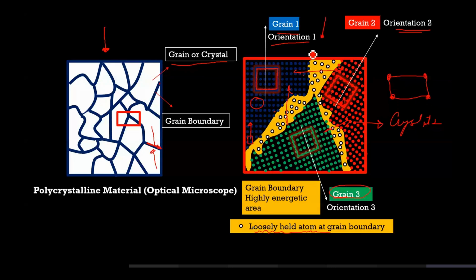X-ray diffraction also tells you in which orientation or direction the growth has been greater. All right, we'll come to know of that later on, but just to have an understanding of what a polycrystalline material is, what a grain is, what a grain boundary is, and how you differentiate different grains. I hope this point is clear to you guys.